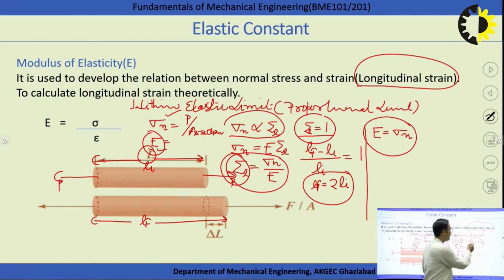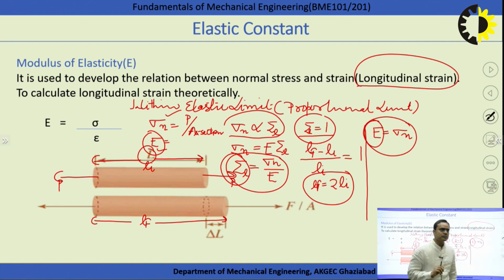How can I define the modulus of elasticity? Another definition is that modulus of elasticity is the amount of normal stress required to cause the unitary strain. And the meaning of unitary strain is that the final length is just double the initial length, right? So it is clear to everyone, I hope.